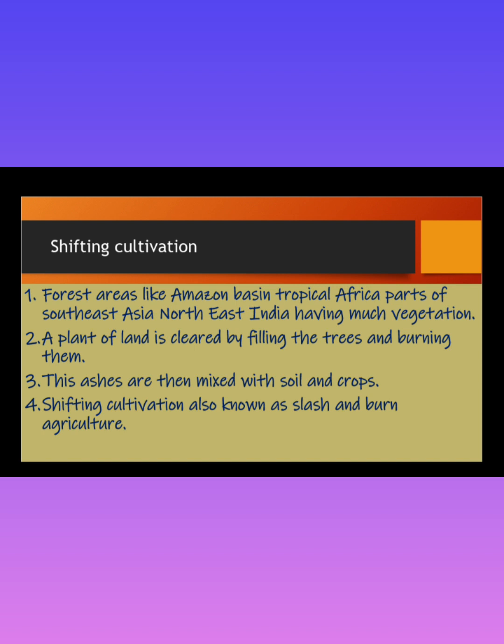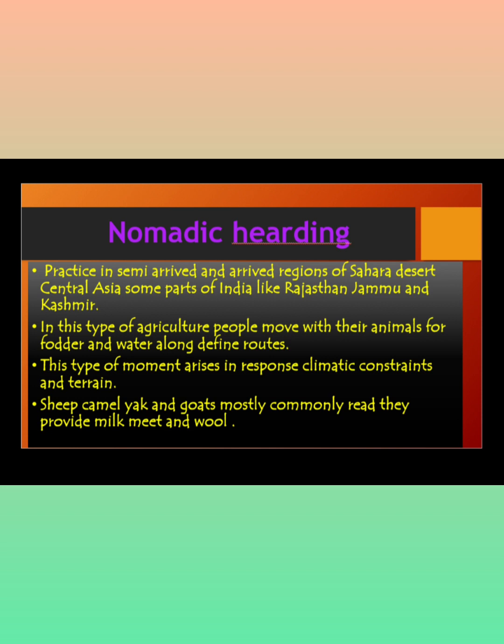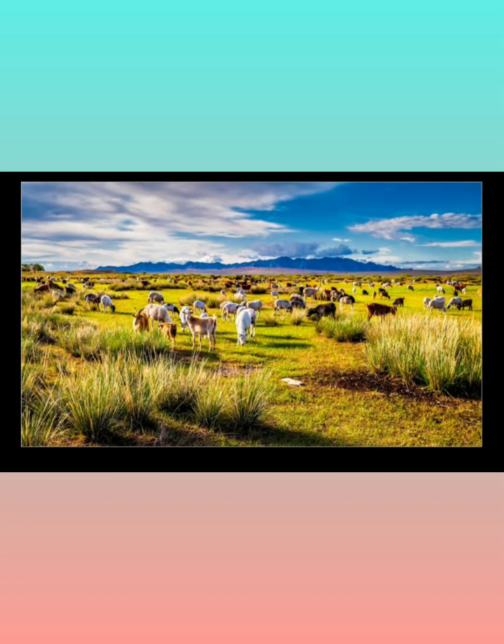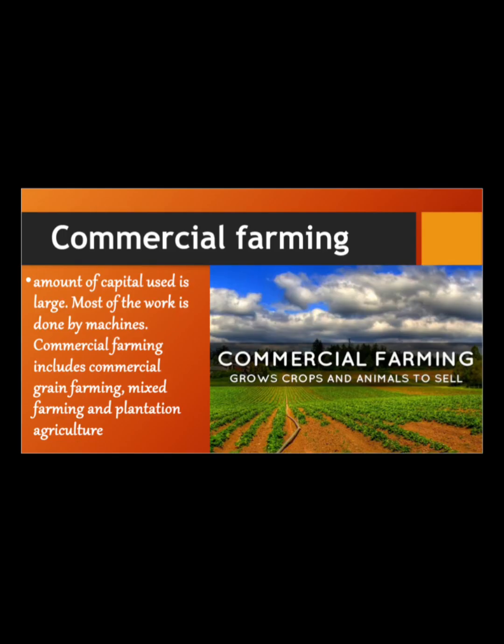Shifting cultivation is also known as slash and burn agriculture. Now, nomadic herding. In this type of farming, herdsmen move from place to place with their animals for fodder and water along defined routes.